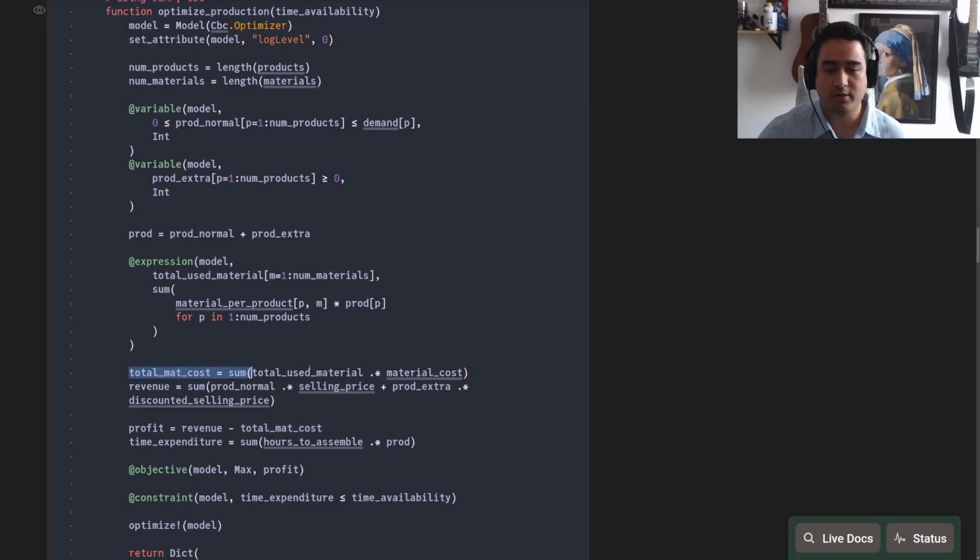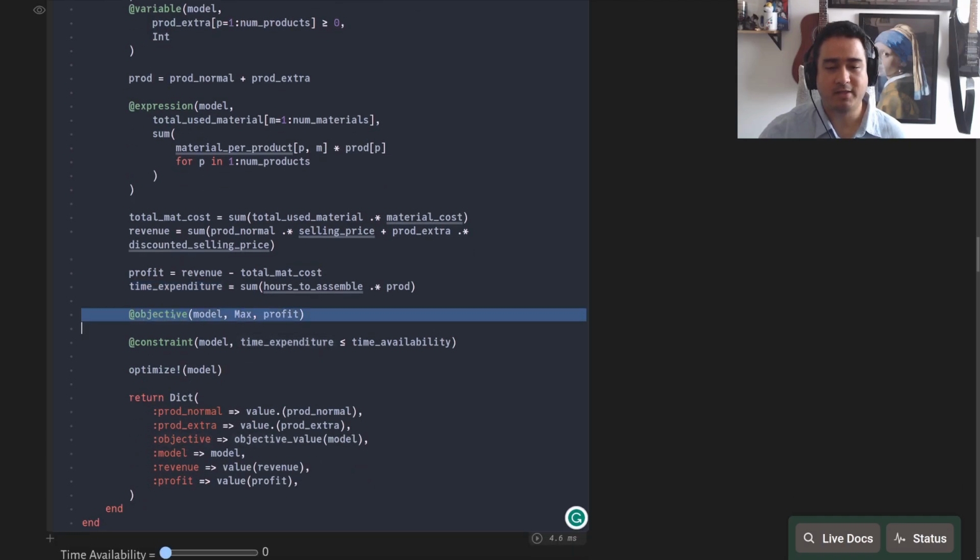Total material cost has not changed. The revenue has changed because of the selling price, as we mentioned. The normal production is being used here instead of the previous production. And the extra production is being added here with a discounted selling price. The profit is the same, the time expenditure is the same.